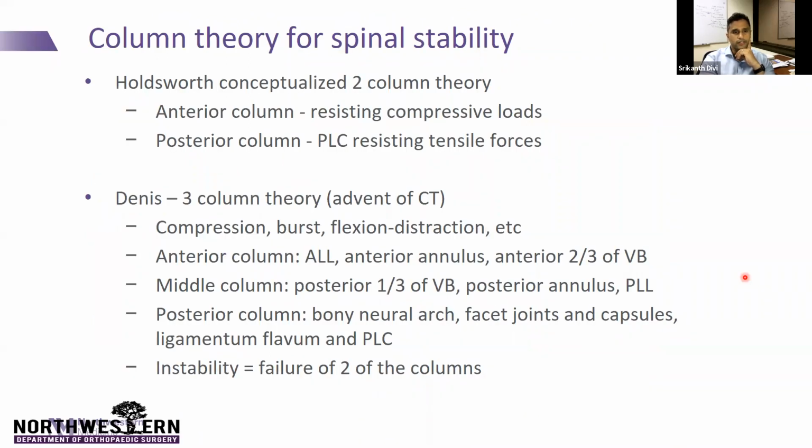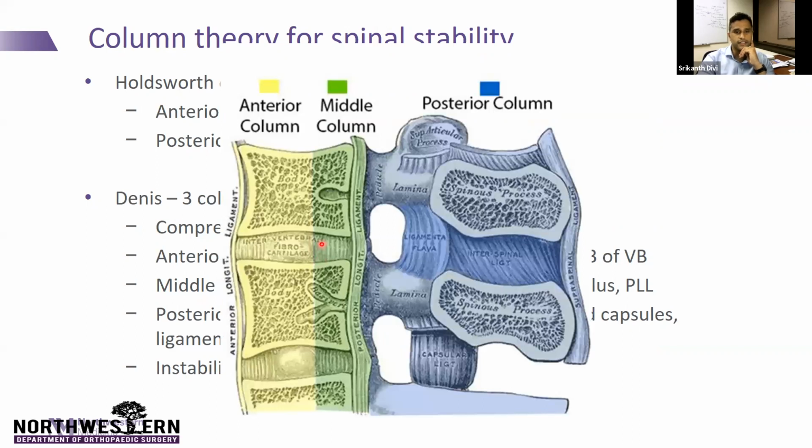Holdsworth talked about the anterior column, which resists compressive loads in the thoracolumbar spine, and the posterior column, which resists tensile forces. And then the Denis three-column theory separated that anterior middle part into the anterior column, involving the ALL, anterior annulus, and the anterior two-thirds of the vertebral body, the middle column being the posterior third of the body, the posterior annulus, and the PLL, and then the posterior column being everything afterwards.